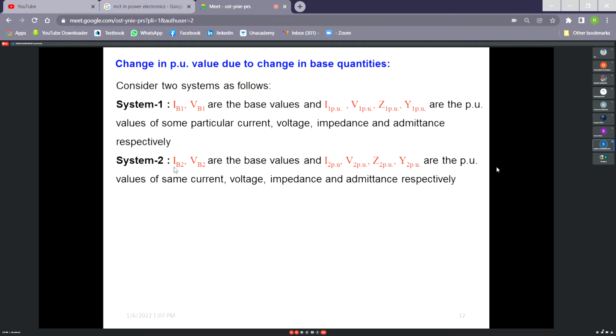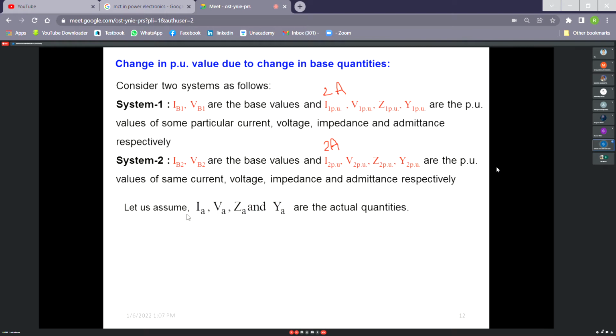Similarly, for the other base quantities, IB2, VB2, the same actual quantities are providing the per unit values I2 per unit, V2 per unit, Z2 per unit, Y2 per unit. For these two per unit values, if I give the example, the actual value of current in both cases is say 2 ampere. The actual value of current will not be changed, but for the base value, the per unit value of the current will be changed.